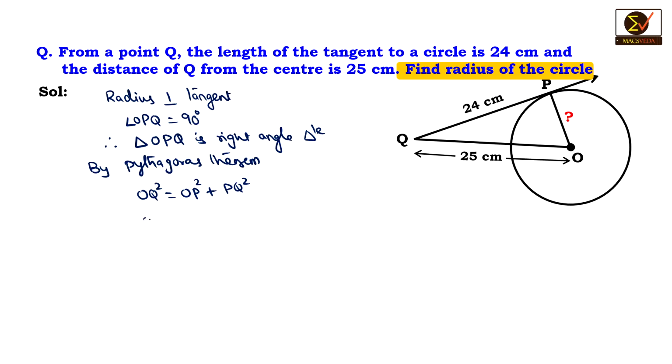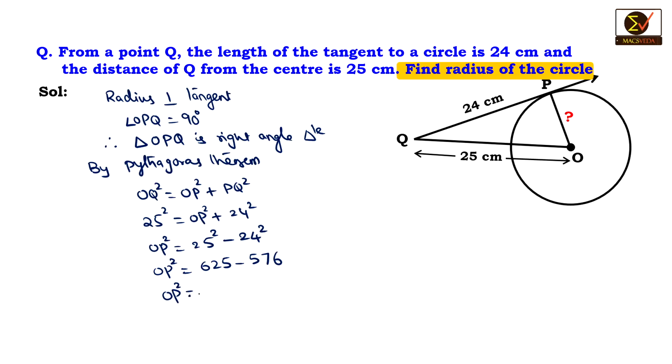Here OQ is 25, so 25 square is equal to OP square, which we need to find, plus PQ square, which is 24 square. So OP square is equal to 25 square minus 24 square. 25 into 25 is 625 minus 24 square, which is 576.